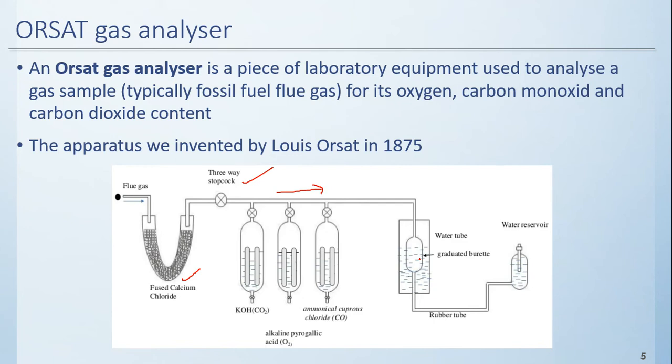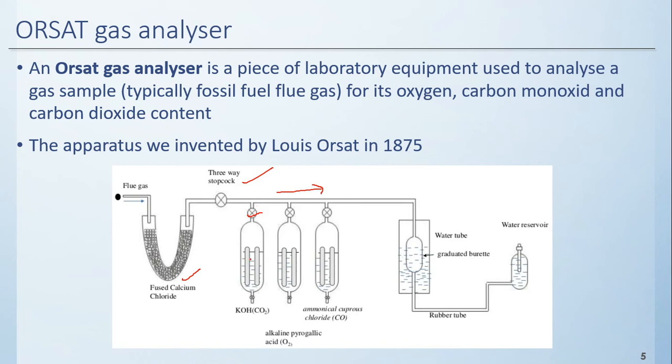Now you will move the water reservoir up. To maintain a constant level of water head, water will move into the burette and push the flue gas back, and now you open the valve of your KOH cylinder.